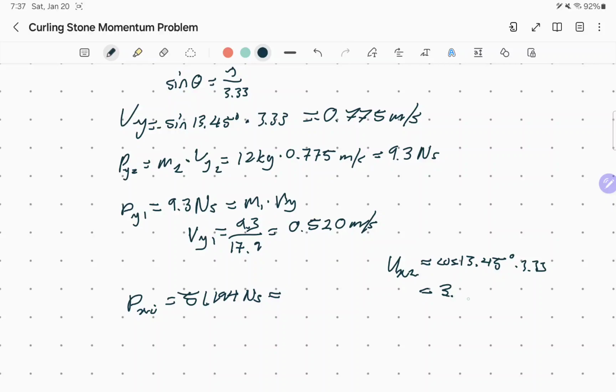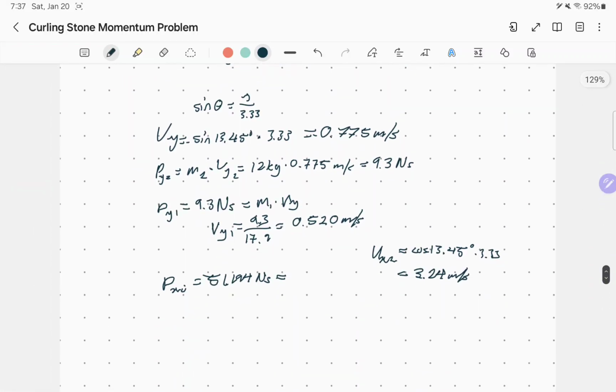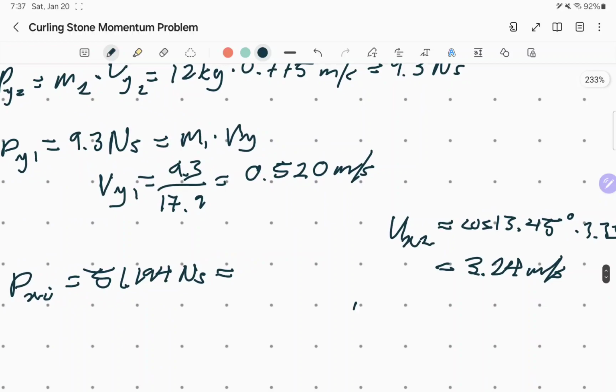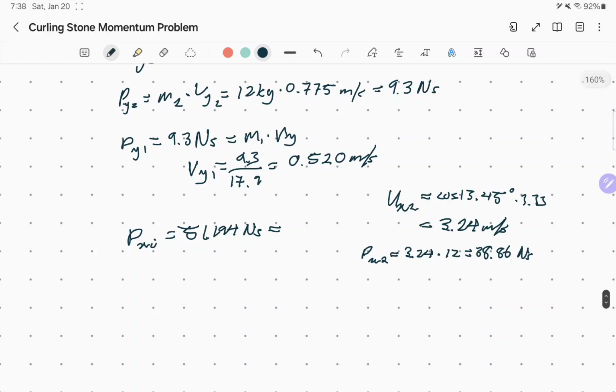And this gives us 3.24 meters per second, which we then multiply by the mass to find the momentum. So px of the second one is equal to 3.24 times the mass, which is 38.86 newton seconds.